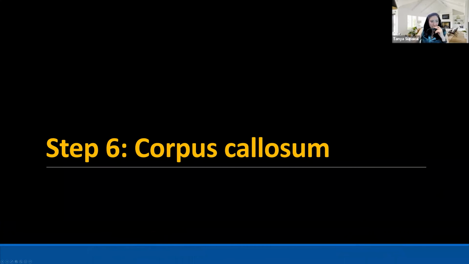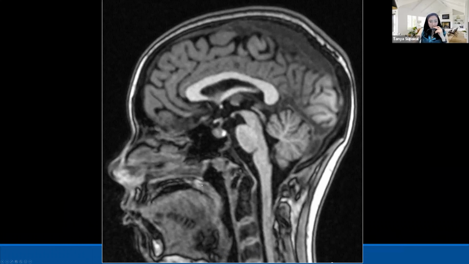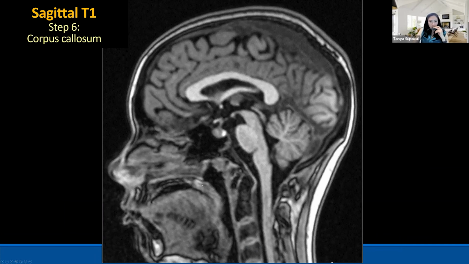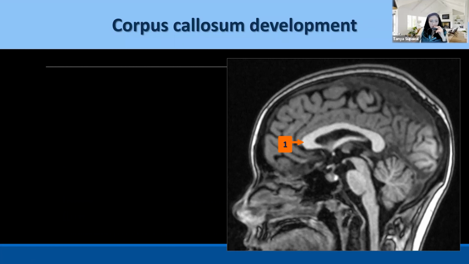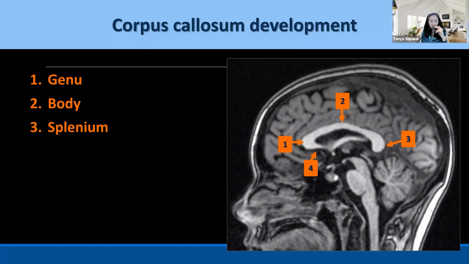So the last step for the checklist is the corpus callosum. This is a very big topic. In terms of the development of the corpus callosum, we usually talk about it starting from genu, body, splenium, and rostrum, right?